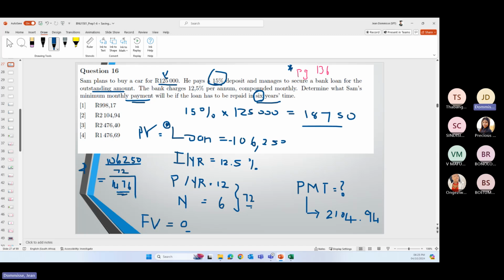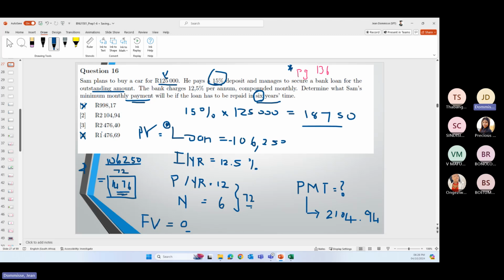So if I did not pay any interest, I would have at least paid 1,476. When I look at the answers, I would in any case have paid more than that. So they're actually giving me that answer, but I still need to pay interest. This is just something for myself to eliminate.